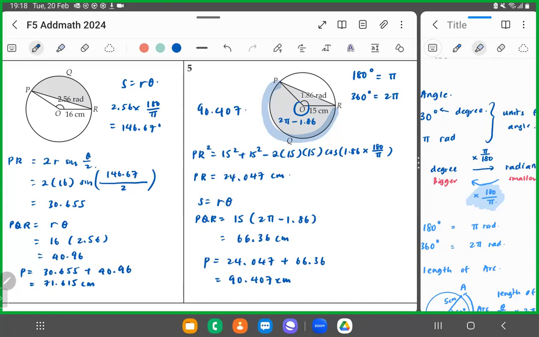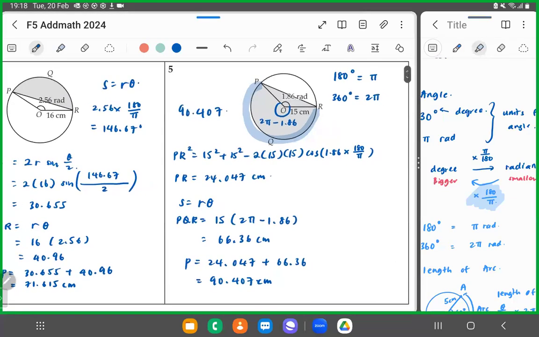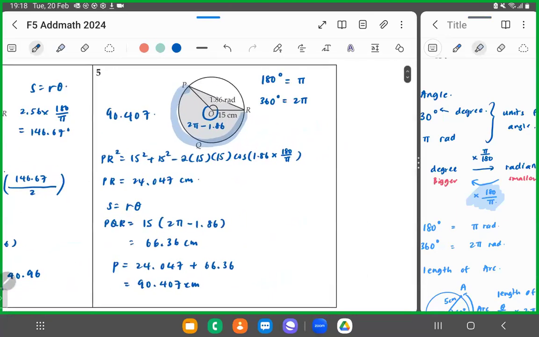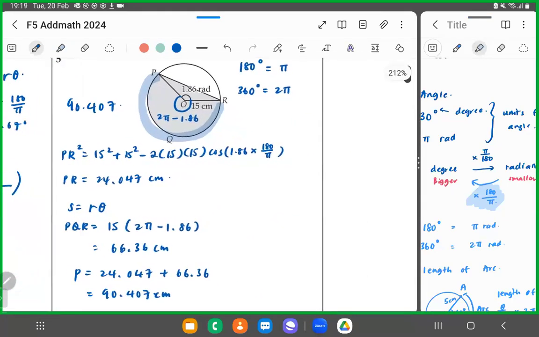If you want to use the Sohcahtoa, you can do that also. For example, question number 5. I think question number 4, everyone is done already. Question number 5, if I want to find the chord by using the Sohcahtoa, you will have this triangle here. I draw it at the side.